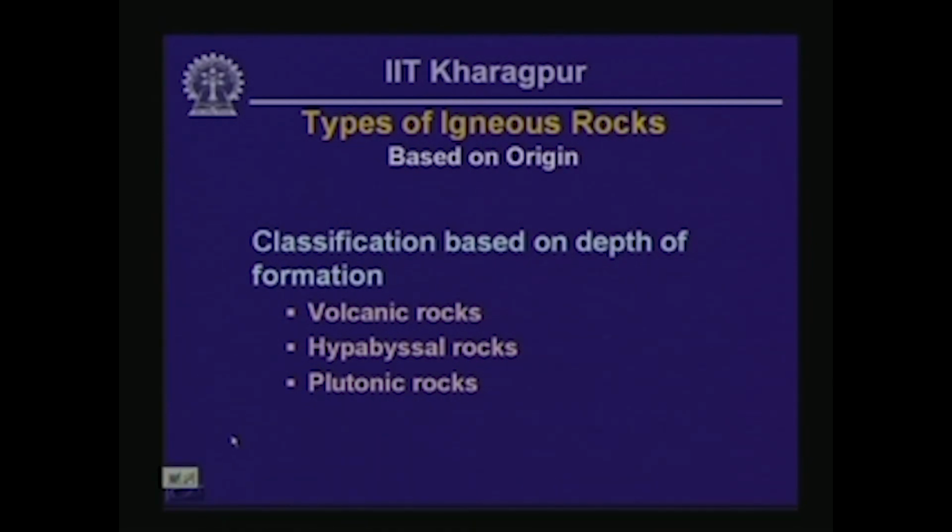Okay. So, volcanic rock is when lava comes to the surface, and plutonic and hypabyssal rock form directly from the cooling of magma.